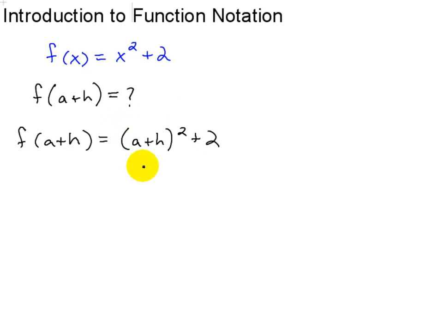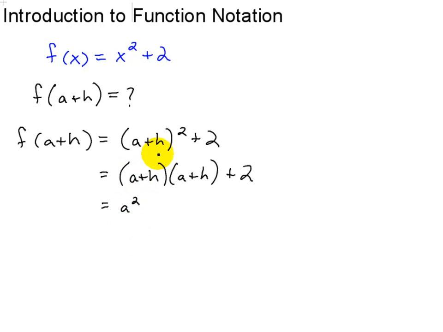Now we can try to simplify this, and I will do it just to show you, to review some basic algebra techniques. a plus h squared is the same thing as a plus h times a plus h, and then I've got the plus 2. Alright, now I need to multiply this out, so I have to distribute. a times a is a squared.